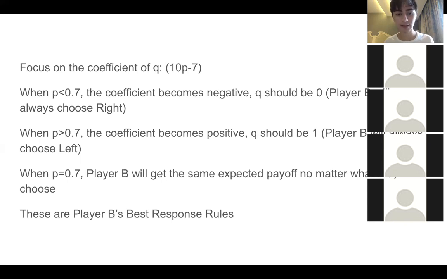And then when p is equal to 0.7, player B will get the same expected payoff no matter what they choose. So does everybody understand where these came from?